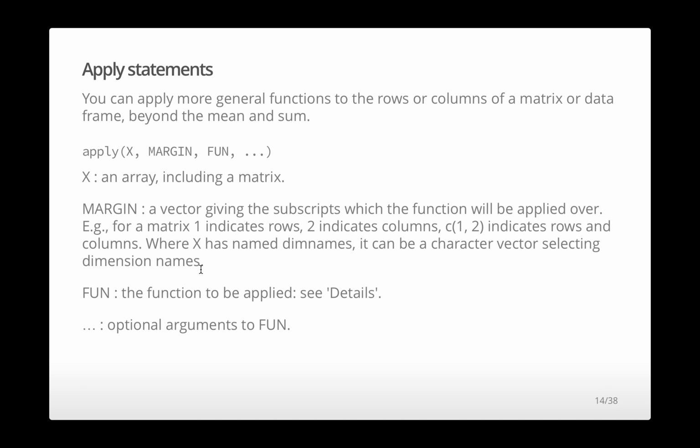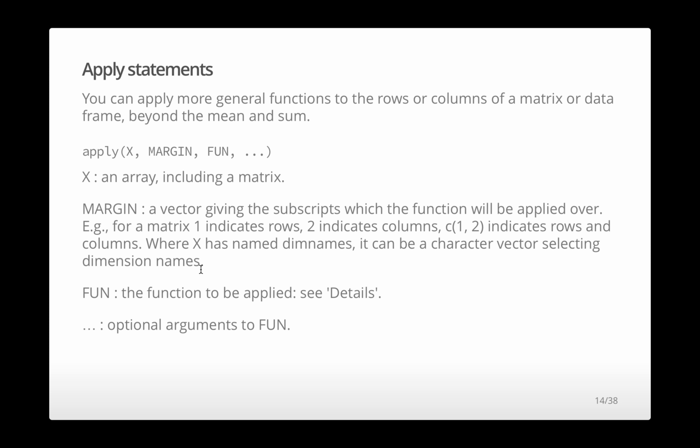All right, so we're going to talk about some functions. Again, we're not going to go too deep into these. They're called apply functions. They take in an array, including a matrix, but usually a data frame, and you can do things over rows or columns. So the syntax is apply, data set, margin, function.